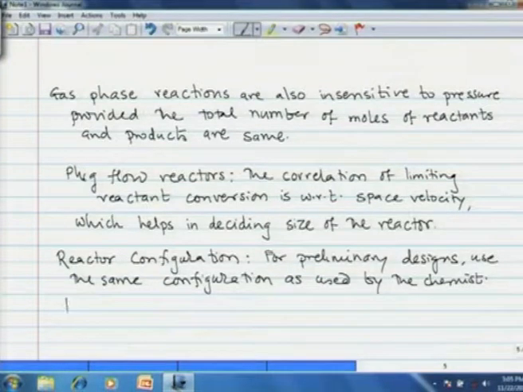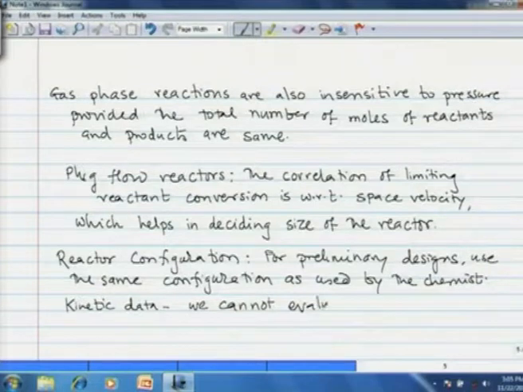Now, the kinetic data is also very important while deciding the size of the reactor. In most of the cases, you may not have kinetic data. Therefore, we cannot evaluate at initial stage the influence of reactor configuration on product distribution.